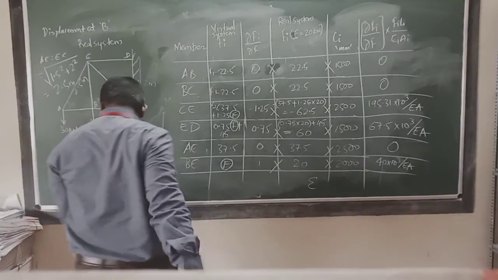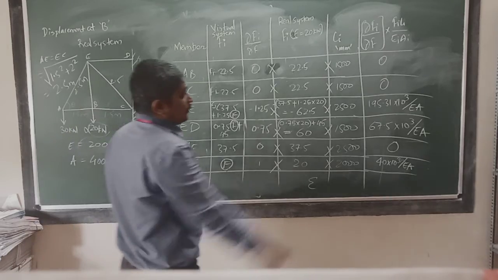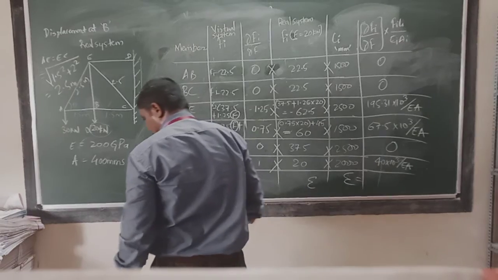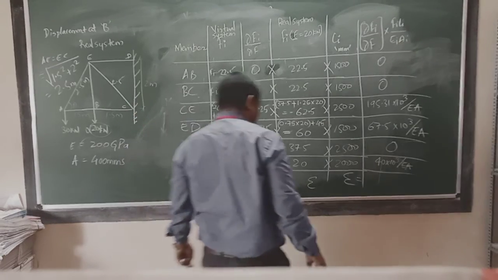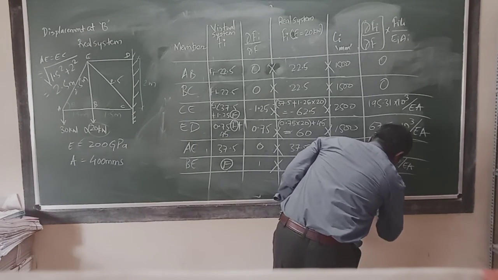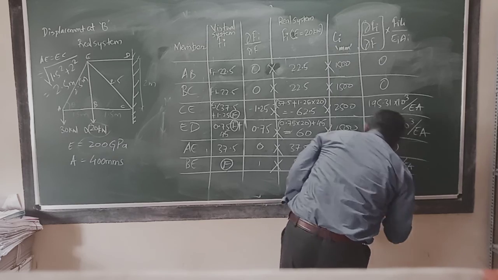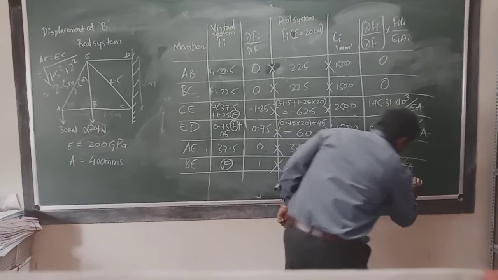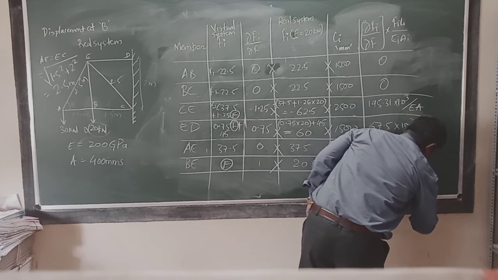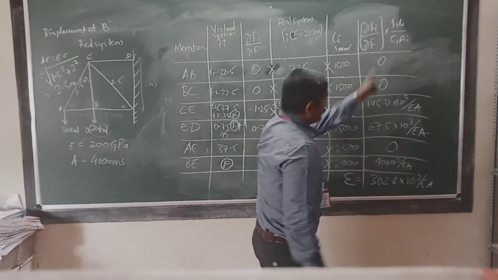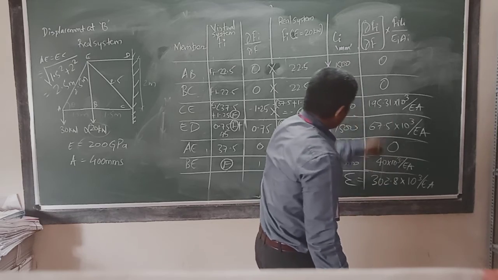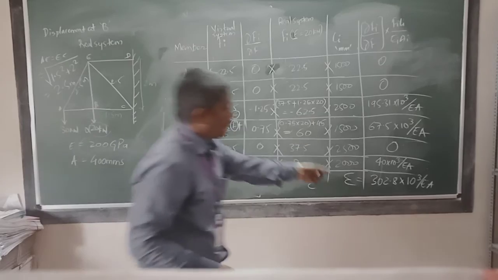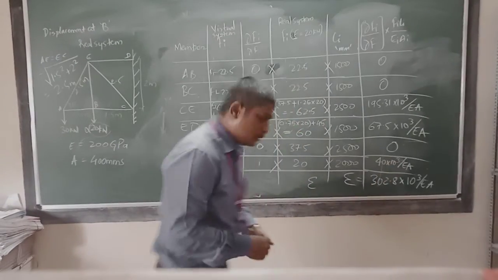Okay. So finally, when you add all these things, you will get a summation of all these loads as 302.8 into 10 raised to 3 divided by EA.